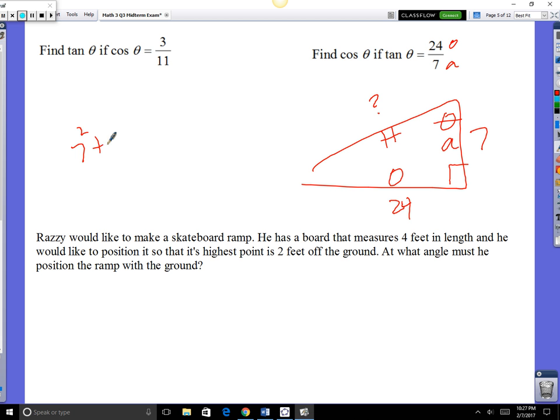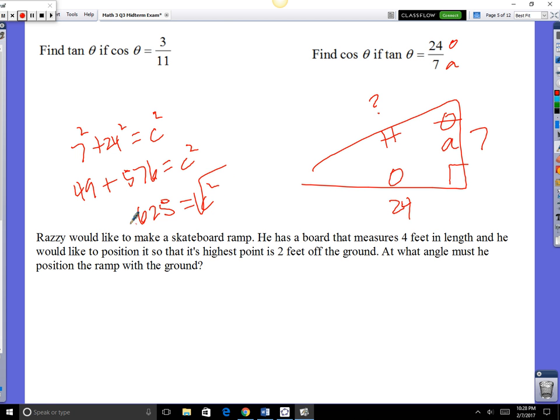So I'm going to go 7 squared plus 24 squared equals c squared. So I know that's a 49. If we go 24 squared, that is a 576. And if I add those, that's a 625 equals c squared.